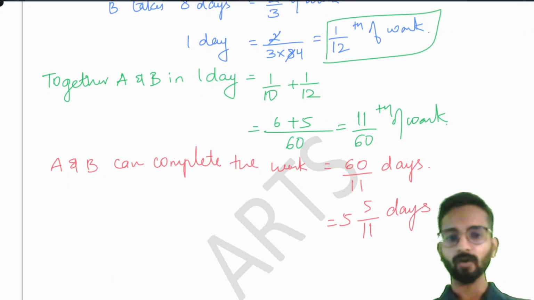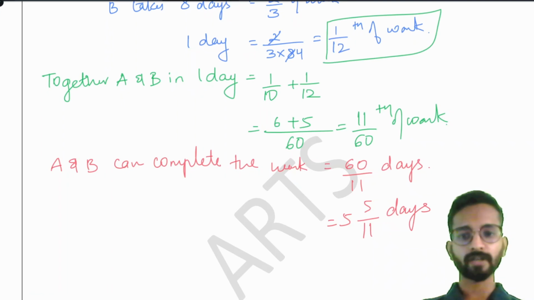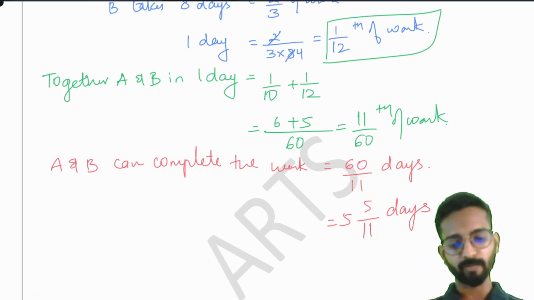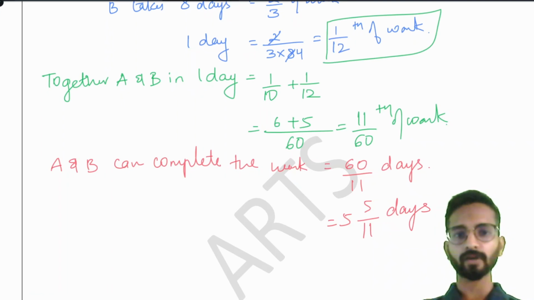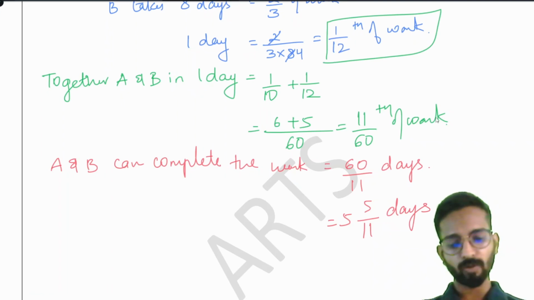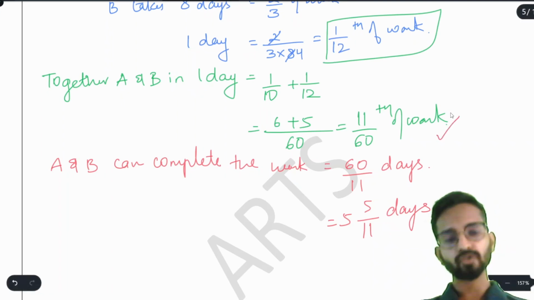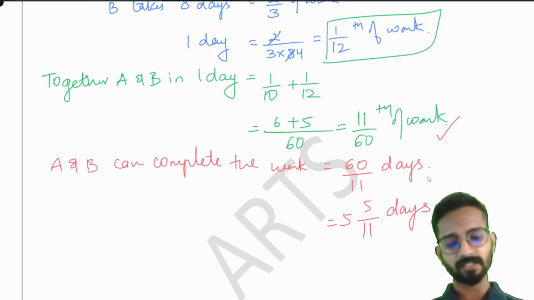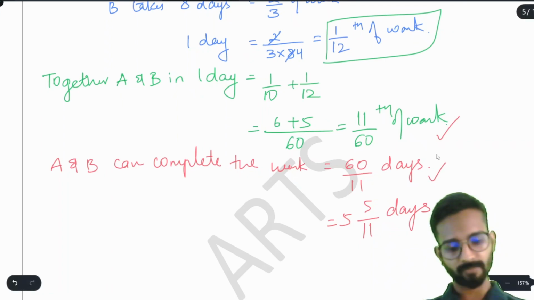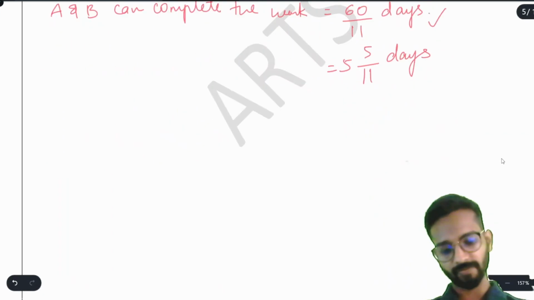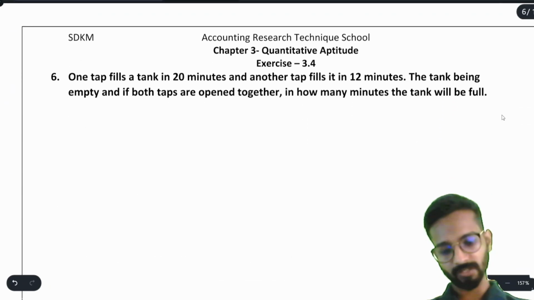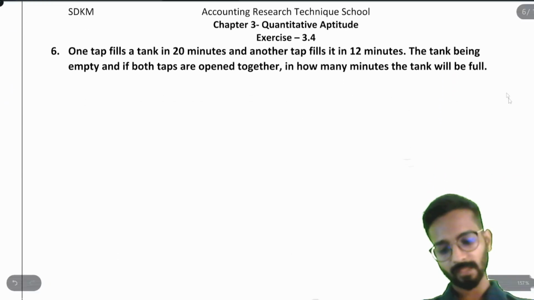Simple enough. Now this is how you have to progress with each and every question. You just have to remember that it is not some rocket science. Remember this, in one day how much work they can do? 11 by 60. So to complete the work, how many days they will take? Just reciprocal of that, 60 by 11 days. Simple enough. Now moving further to the next question, question number 6.